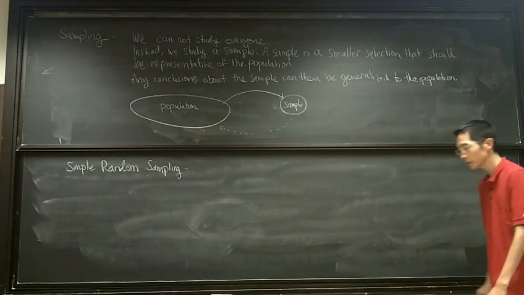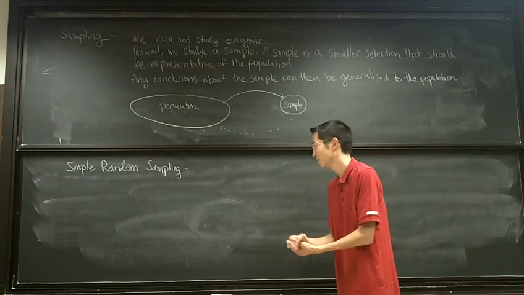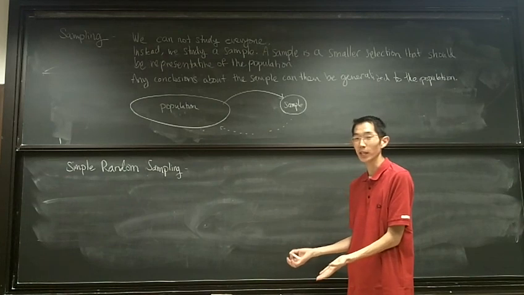Simple random sampling is the simplest way, but it's actually very difficult to pull off in real life.